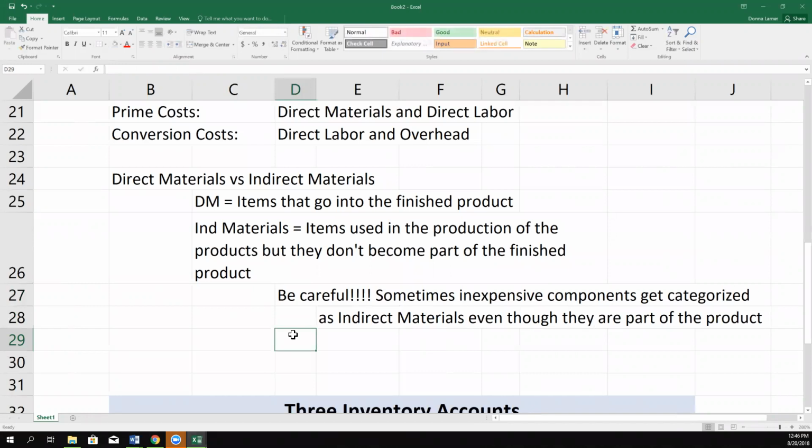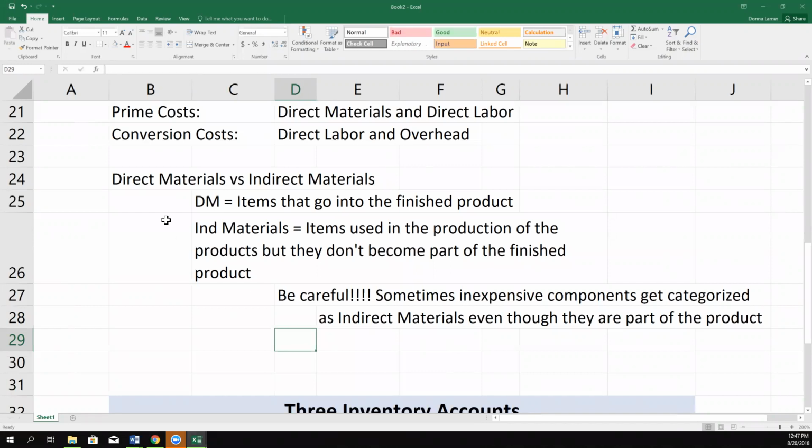Back to our idea of that dining room table. If we used a little wood glue to hold things together before it was nailed or screwed together, no one wants to track 3 drops of glue that were put into the dining room table and try to figure out the cost of those 3 drops of glue and then do journal entries for it. It's usually so immaterial for some of these items that it's not worth tracking.